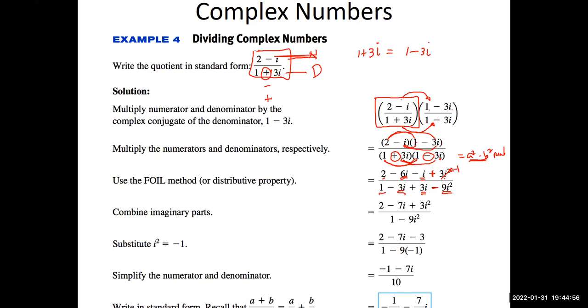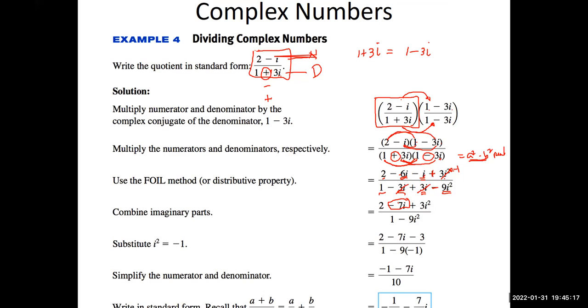Right? Then -6i and -i is -7i. Then in the denominator, -3i plus +3i is 0.